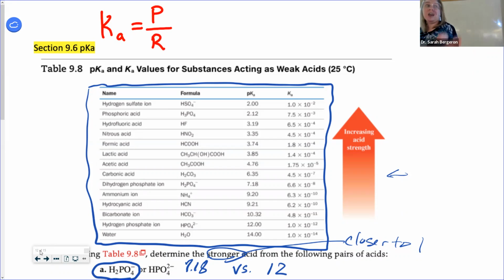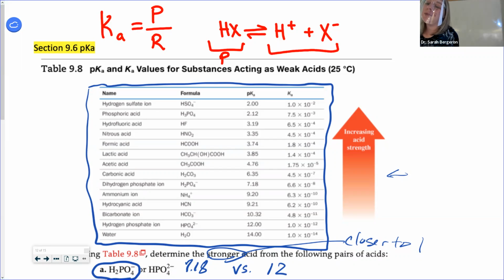So a typical expression for an acid would be HX yields, and you would go back and forth, right? H plus plus X minus, right? Because that acid's losing the hydrogen. Y'all agree with that? So here are my products. Here are my reactants.